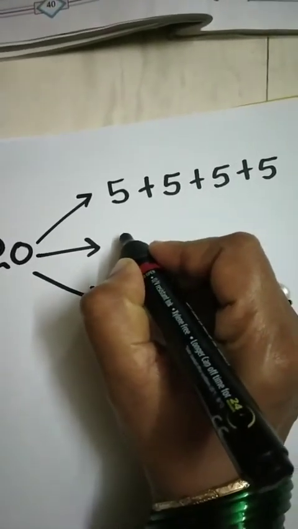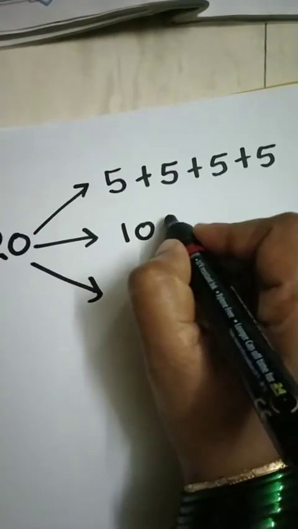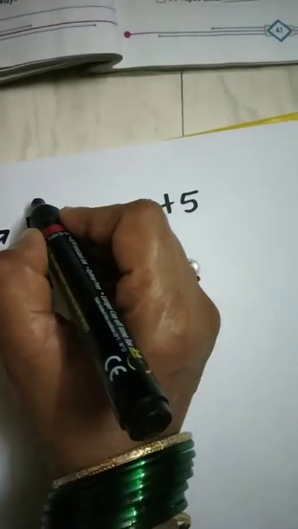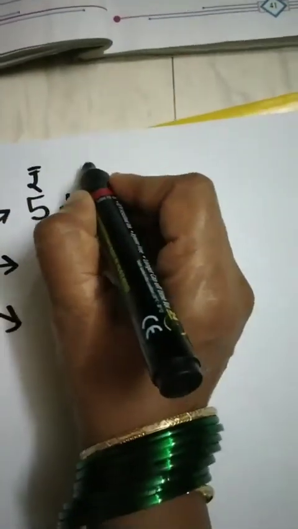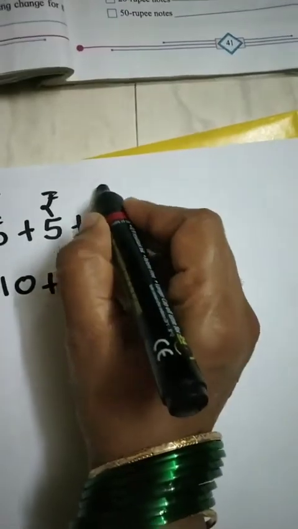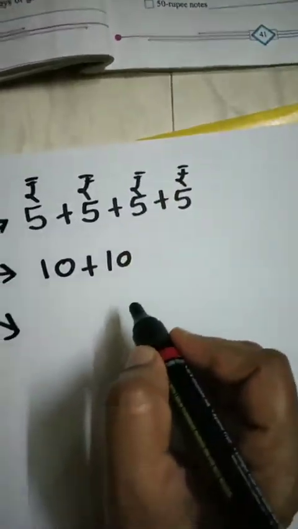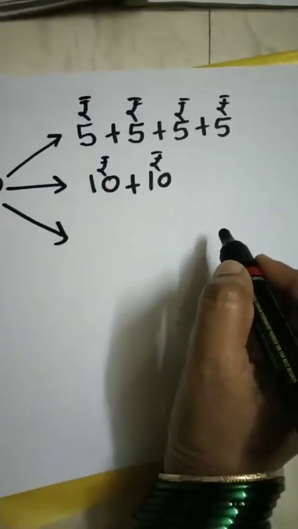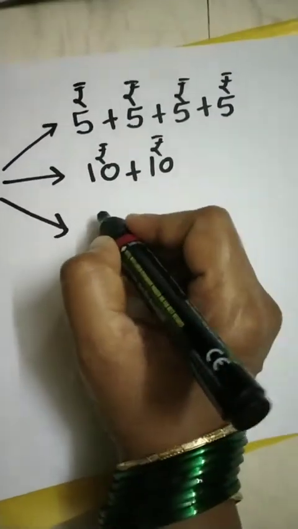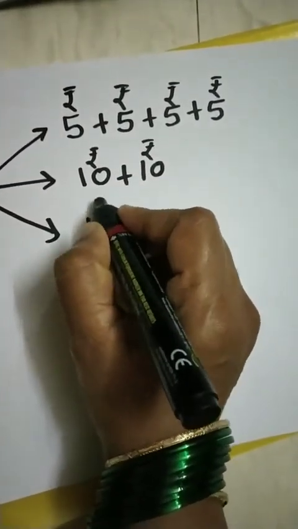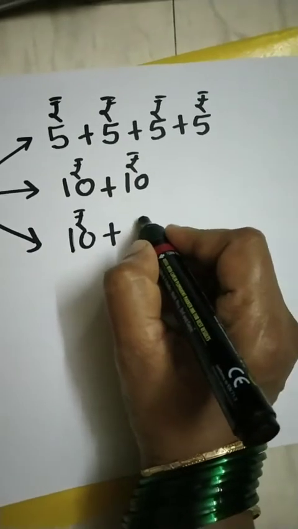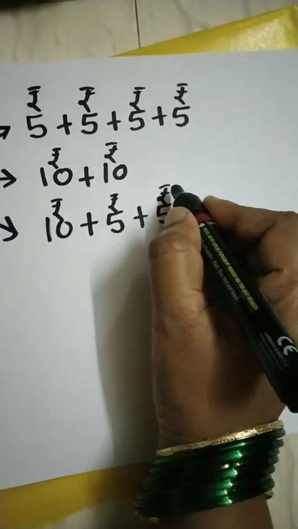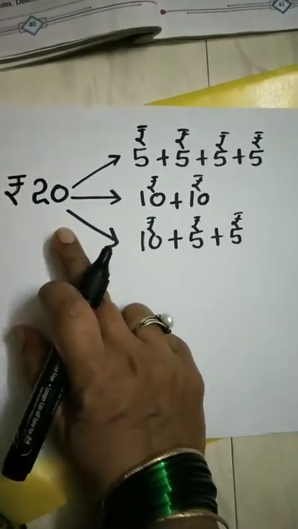Another option is ₹10 coin plus ₹10 coin. For your reference, I'm just writing rupees on top for you all to understand. What is the another option? 1 coin of rupees 10 plus 2 coins of rupees 5 also gives you rupees 20.